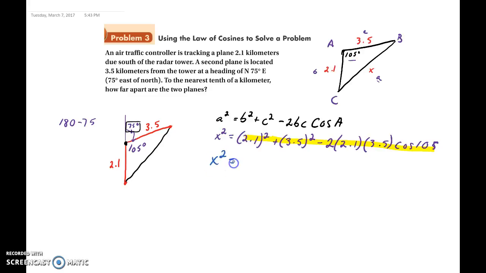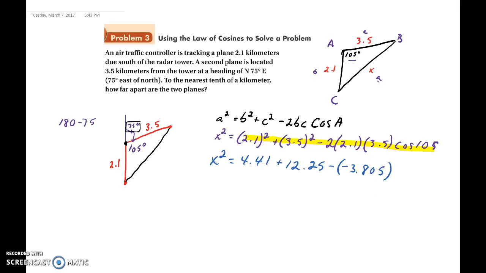So x squared is equal to 2.1 squared, which is 4.41, plus 3.5 squared, which is 12.25, minus 2 times 2.1 times 3.5 times cosine of 105, which would then be minus negative 3.805.